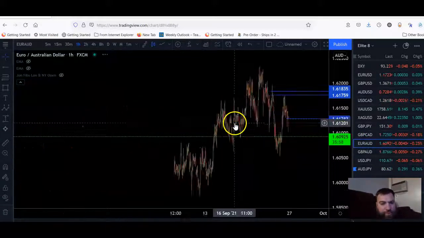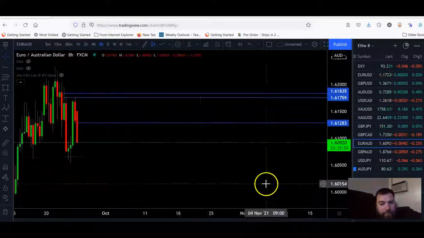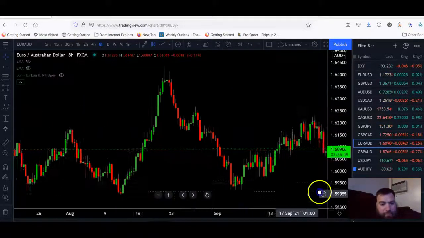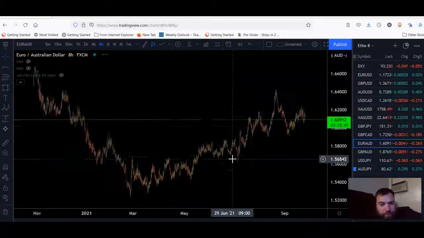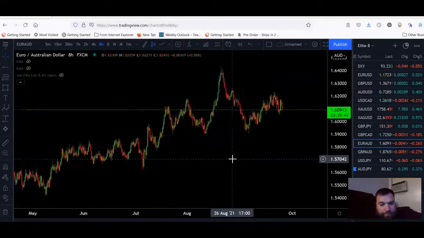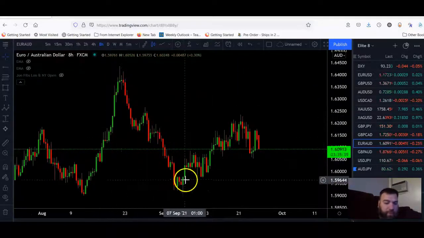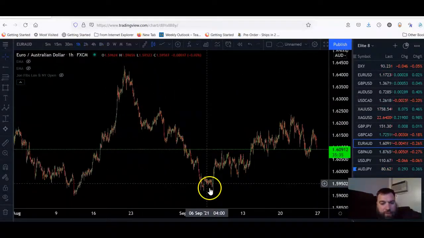The Euro Australian. Now, I'm kind of kicking myself because I was in this and I got out. So here on the 8 hour, you have this big downtrend right here. You have this big downtrend right here.